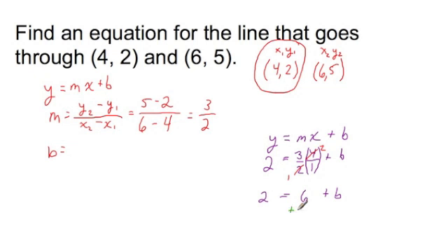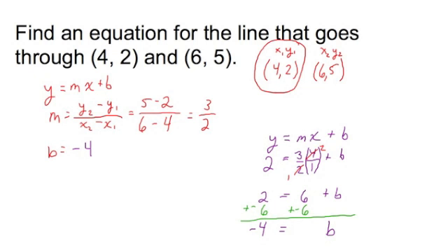Well, 6 is a term without my variable, so I should get rid of it, or move it to the other side, by adding the opposite to both expressions. When I do that, I'll be left with 2 plus negative 6 in the left-hand expression, which is negative 4, equals 6 plus negative 6 is 0, which will leave me with just b in the right-hand expression. My variable is alone now in the right-hand expression, so this equation is solved for b. b equals negative 4.